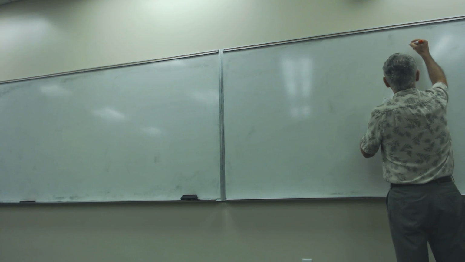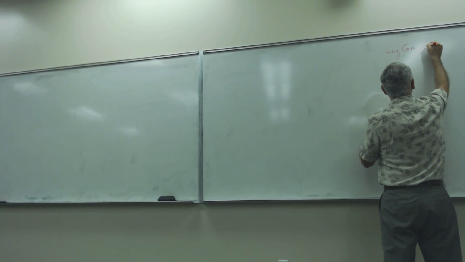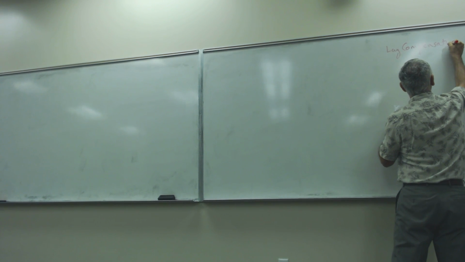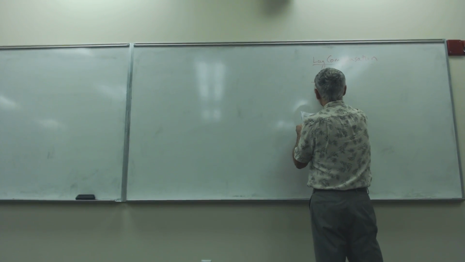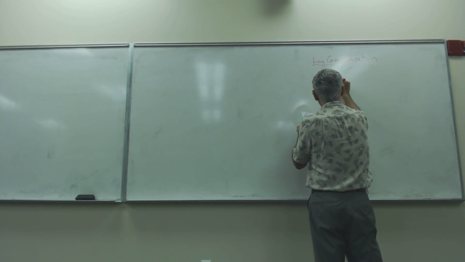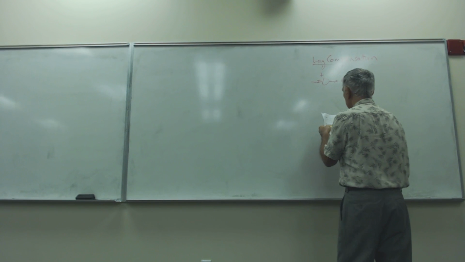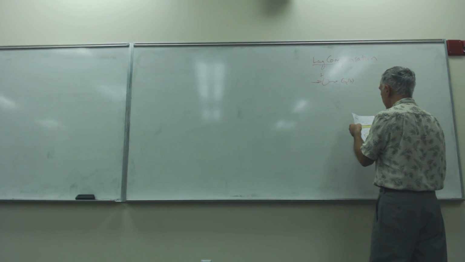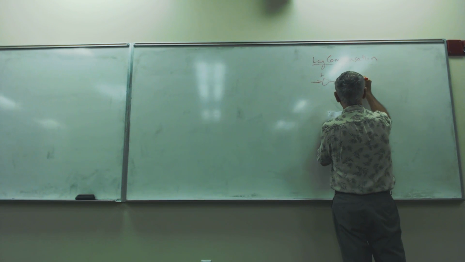For lag compensation, we have the general closed loop control system. It looks like this. We have the Gc of s, that's our lag compensator, and it will have this form here.